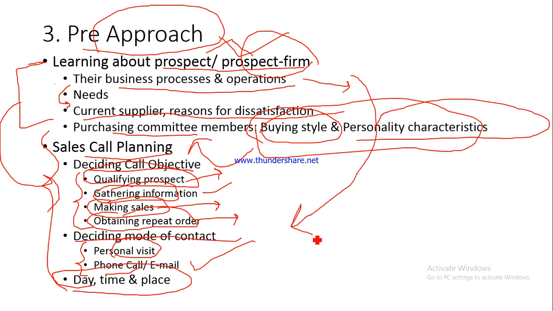For example, if you know that your prospect is a school, and these schools generally remain open only till 12 o'clock on Saturdays, then probably after 12 o'clock is a good time for you to visit the manager of the school, so that you can actually make an effort to sell your product to him. So these things would be decided based on your understanding, based on whatever information you have gathered about the prospect, right?